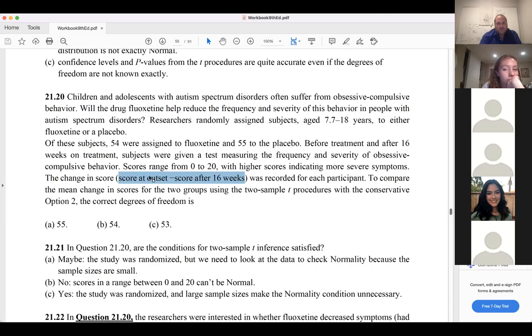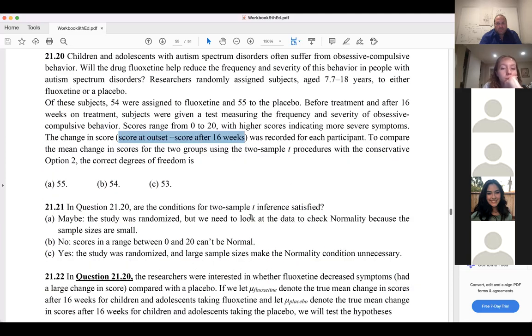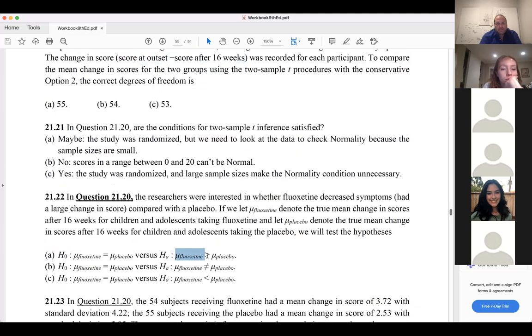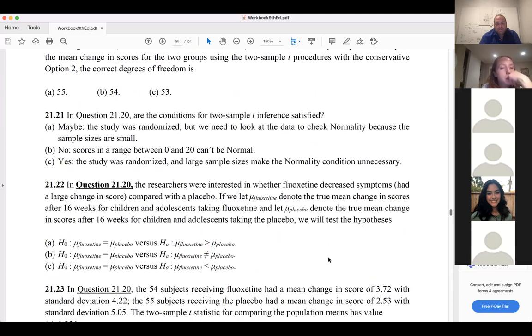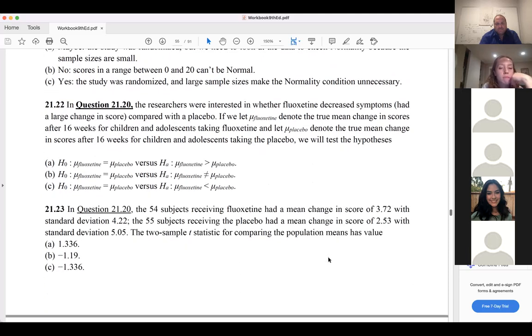So with the drug, we want the number to drop more, which means we expect a bigger drop for the drug than for the control group, correct? So the way I read it, we expect the value with the drug to be larger than the value for the placebo. Cynthia, does that make sense?